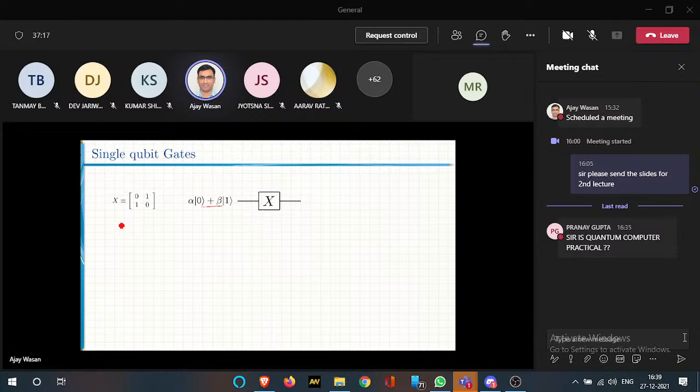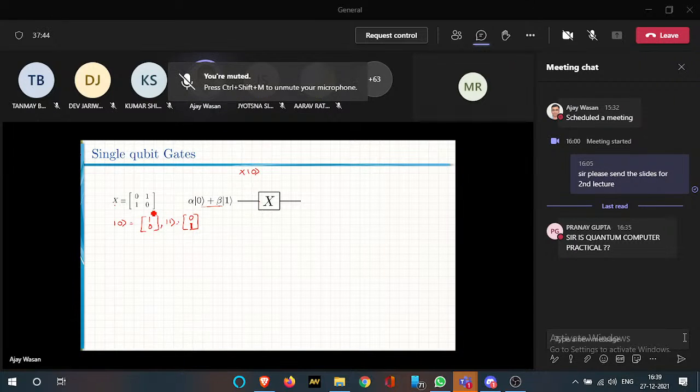When we write 0, it has a matrix something like this, and when we write 1, it has the matrix 0, 1. So this matrix has to be applied on this.